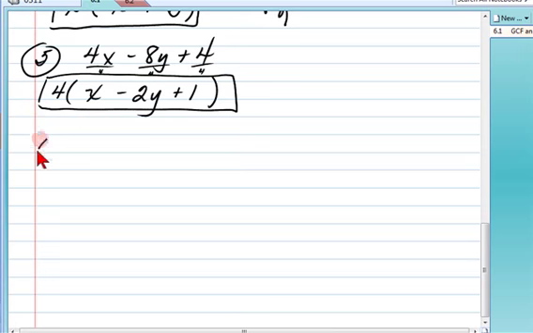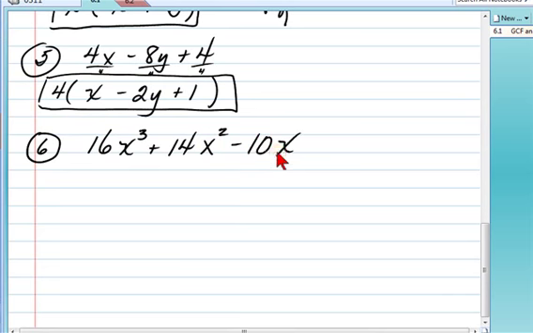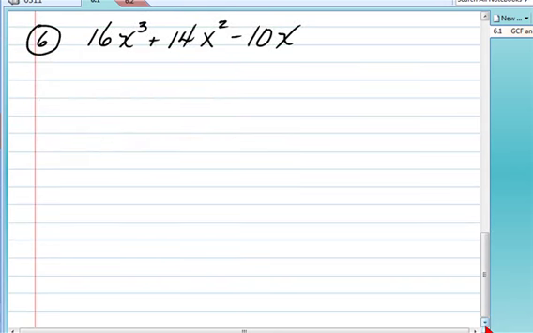Let's look at number 6. Suppose I have 16x to the 3rd plus 14x squared minus 10x. Is there a common numerical factor? What will go into 16, 14, and 10? 2.